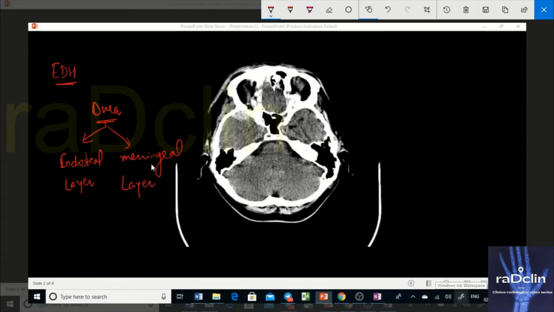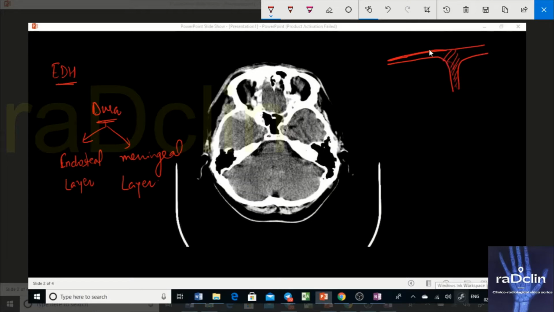When there's a formation of dural venous sinuses, these two layers basically separate to contain a venous structure. Let's say this is your endosteal layer and this is your meningeal layer, so they will separate. Let's say this is the region of the falx, and in the region of the falx they separate at this point to accommodate a venous sinus, let's say the superior sagittal sinus in the region of the falx cerebri.